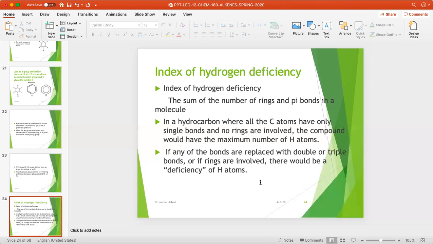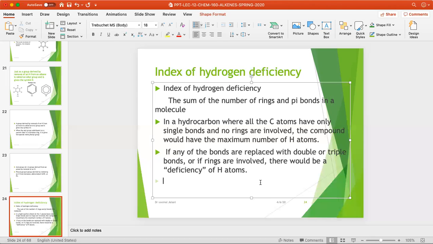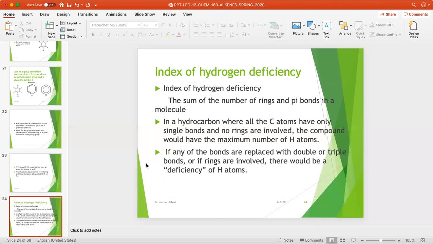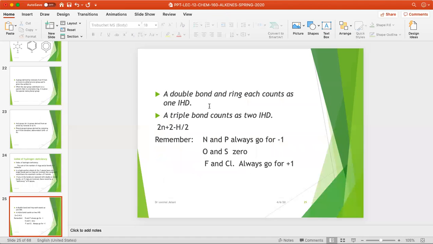So we need to understand how we calculate them and what is meant by hydrogen deficiency. A double bond and a ring each counts as one index of hydrogen deficiency. If there is a structure, for example, with one double bond, we will say its index of hydrogen deficiency is equal to 1.